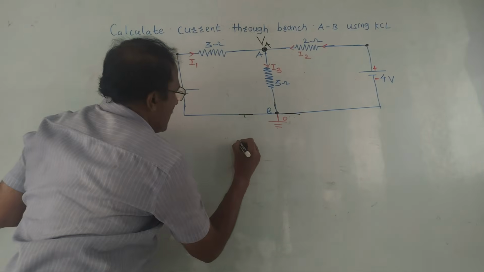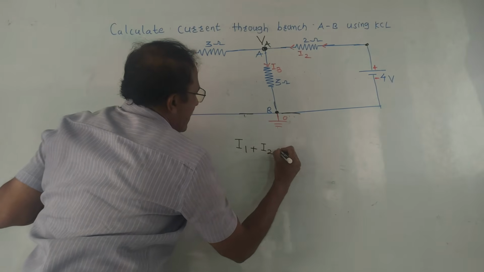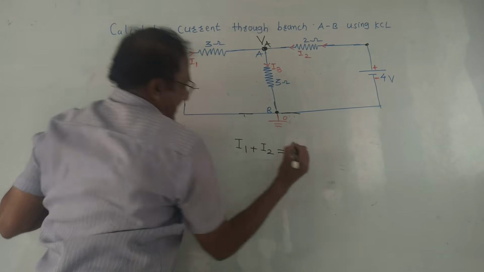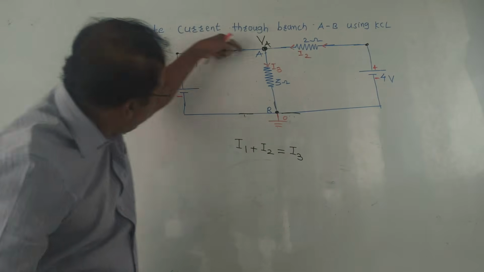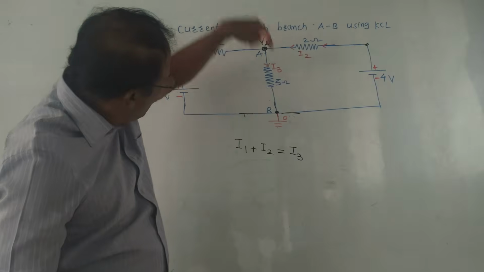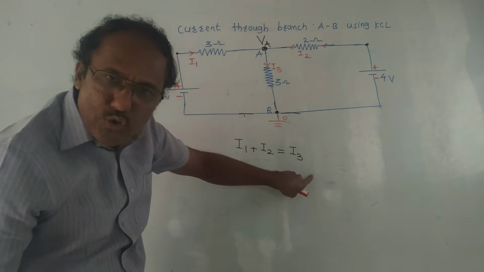So I will write the equation I1 plus I2 is equal to I3. Very simple.